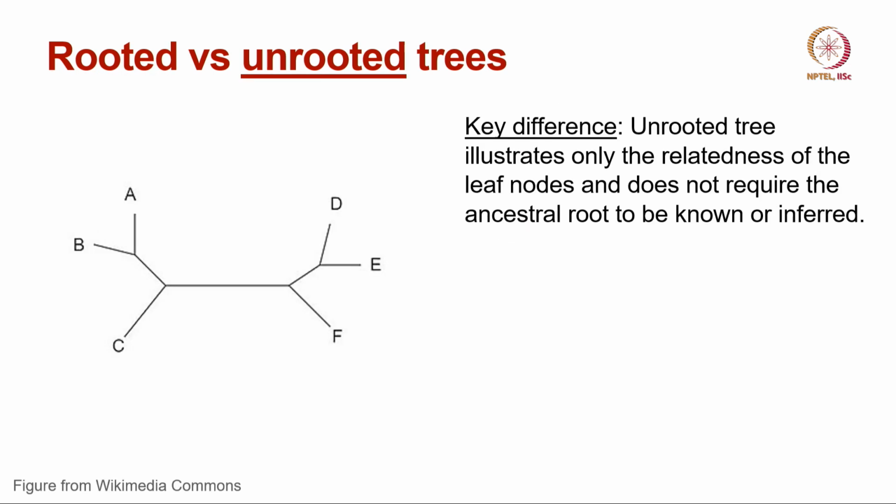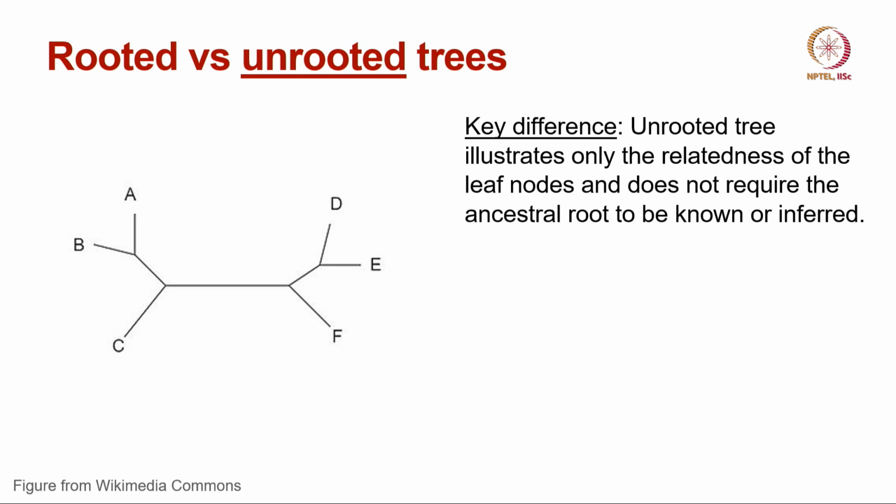Now, in an unrooted tree, again as the name suggests, we do not have a root, and the key difference here is that the unrooted tree illustrates only the relatedness of the leaf nodes, and it does not require the ancestral root to be known or inferred. An example is shown on the left, where you see an unrooted tree of 6 leaf nodes, and observe that here we are not claiming any internal node to be a root.